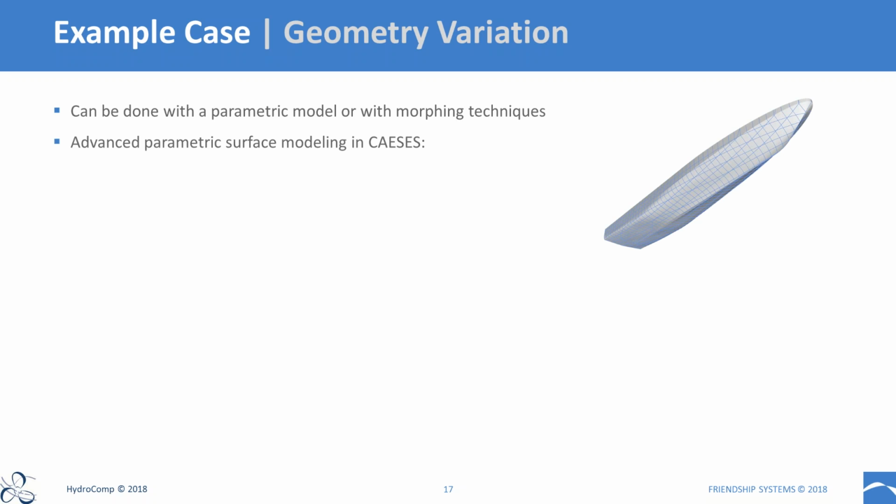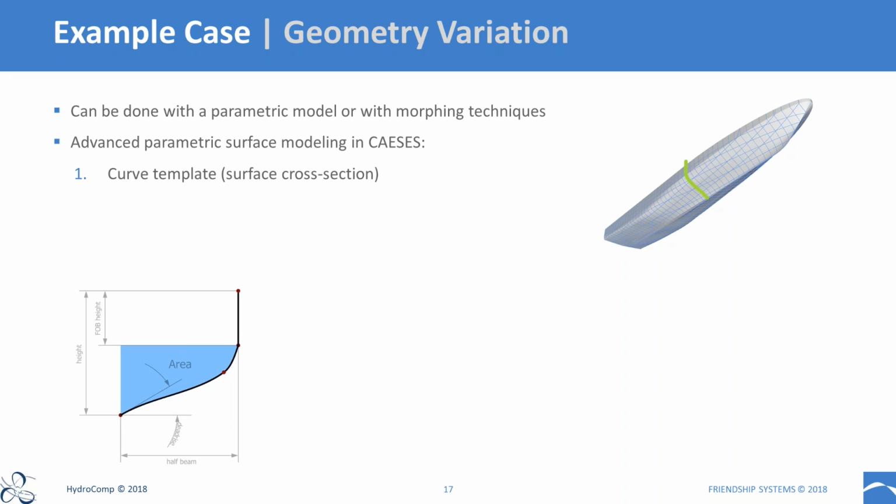So for the first approach, the advanced parametric surface modeling that we offer in CAESES works in such a way that we create, first of all, a curved template. So this is a cross-section through our surface. You can see it indicated on the hull form on the right.